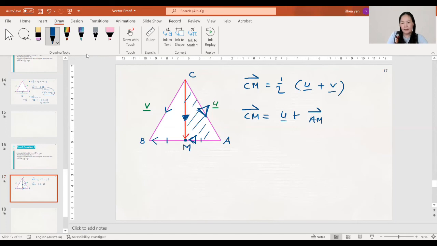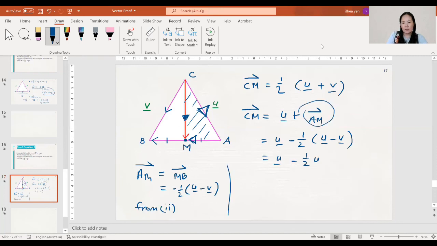Now, vector AM is the same direction as half of vector U minus vector V, because vector AM equals vector MB. Same, isn't it? Which is half vector U take away V from part 2. And if I expand it, it'll be half vector U plus half vector V. And I'll take the half out. I'll get half of U plus vector V as required.